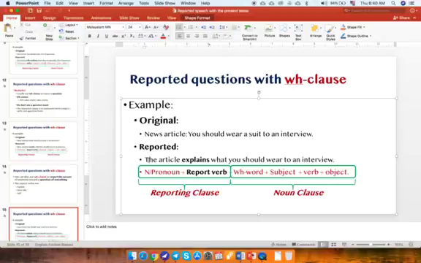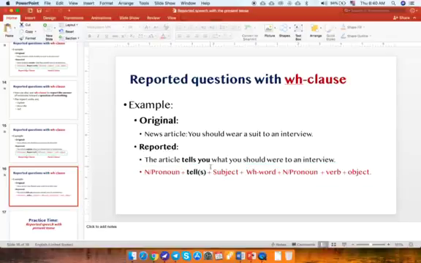The article explains what you should wear to an interview. So the form is the same thing. Find the person who makes the questions or gives the answer, and then use the reporting verb we have mentioned. We can use wonder, explain, describe, tell, right? WH word plus subject plus verb plus object, right? So this whole thing is considered as a noun clause or WH clause, right?